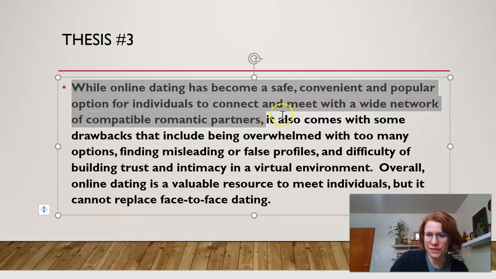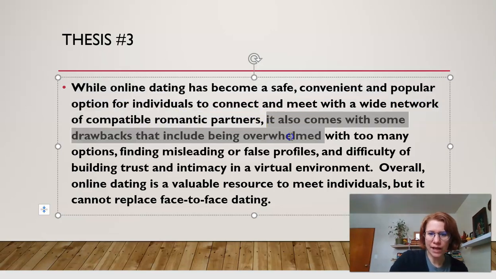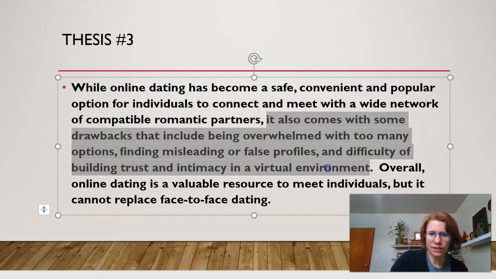So those are all the good things. And then it gets into the bad things, the negatives, the cons. Online dating also means being overwhelmed with too many options, fake profiles, and lack of kind of intimacy of virtual connections. So that's the negatives of this issue.